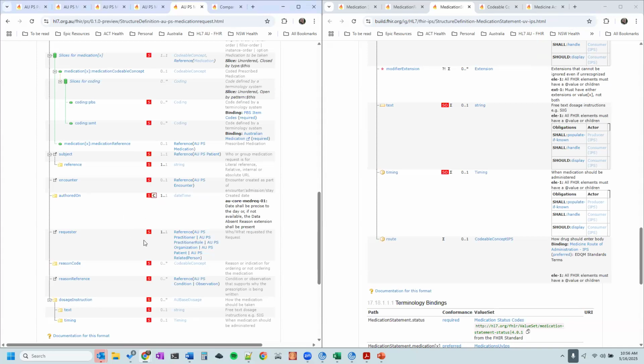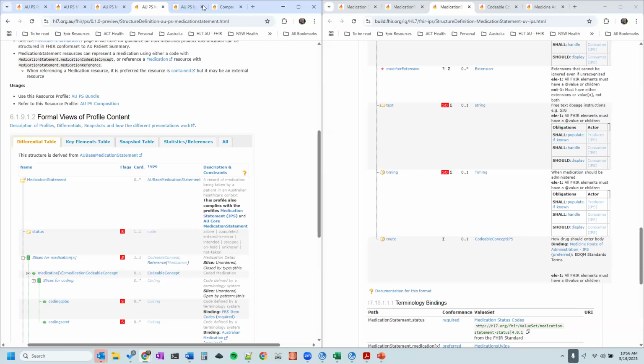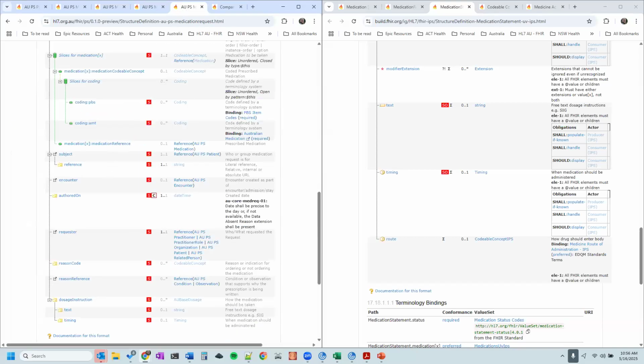I'm just having a look at this now. It looks like Danielle's already made the decision that we're going to reference it here. So does the motion even include the bit about referencing it? Is your motion more related to the things that we are adding into the profile, such as a mandatory subject reference and a codable concept, just to keep it simple?